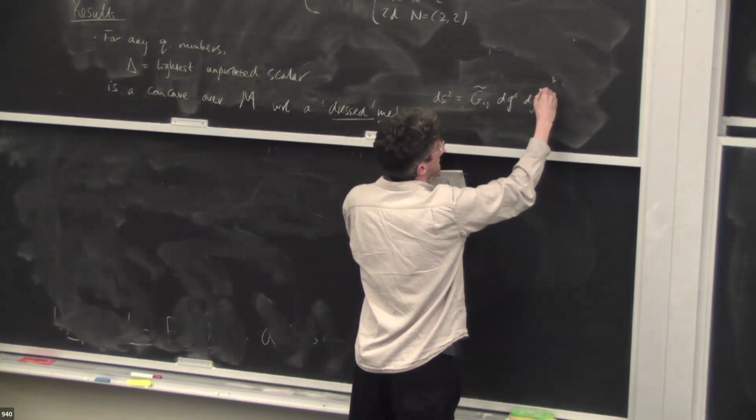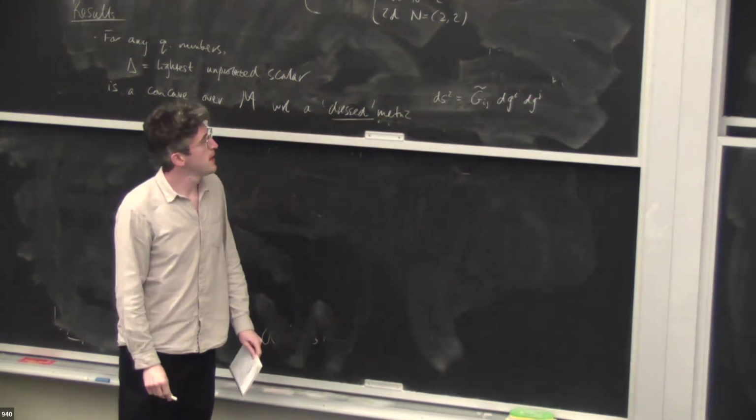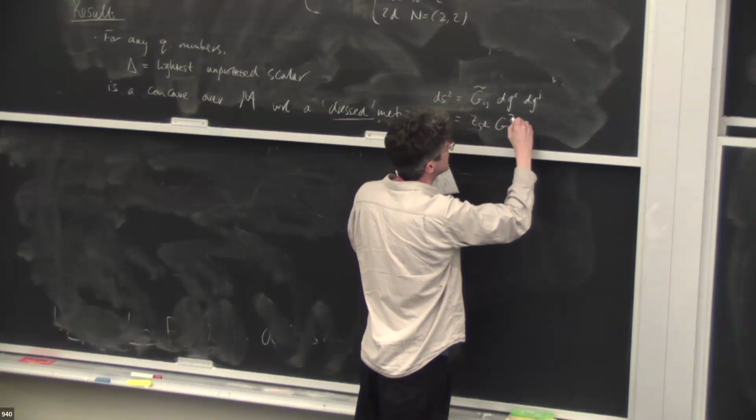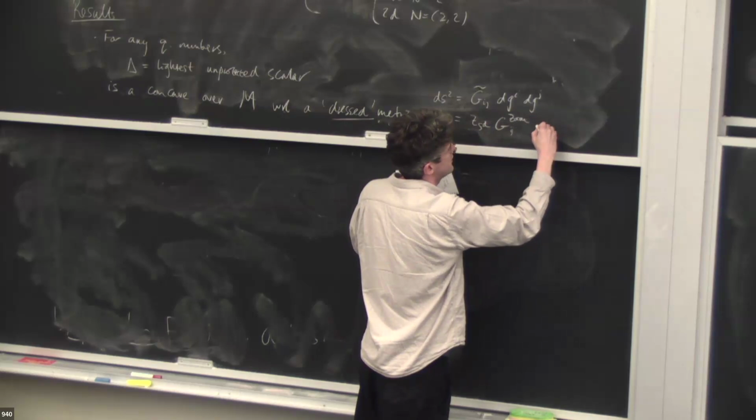The g^i are the exactly marginal couplings of the theory, and I define this to be the product of the sphere partition function and the usual Zamolodchikov metric. I'll state the definition of that later.